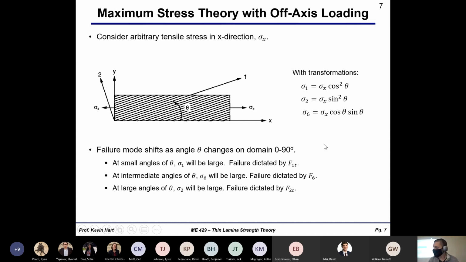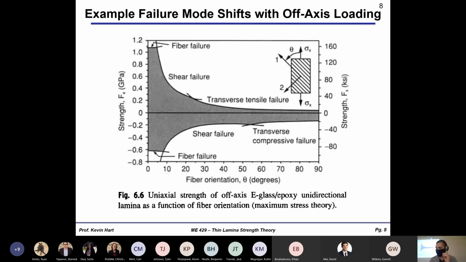So as you're changing the alignment of the loading direction with the fiber direction, you induce different stresses in different directions and cause failure in different directions at different angular positions. If your angular alignment changes, you can anticipate a different failure stress in the x direction.